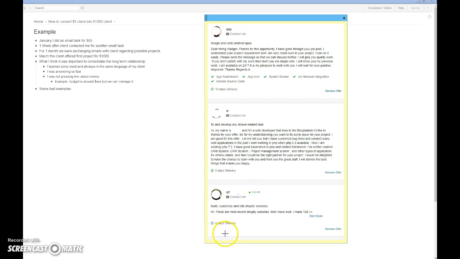And then this one says, "Hi, these are most recent Shopify websites." Okay, forget about this. I'm asking about a project connected with BTiger, and he is sending me an offer and starting his message writing about Shopify. So it means that he doesn't have any idea about my requirement, about my project.